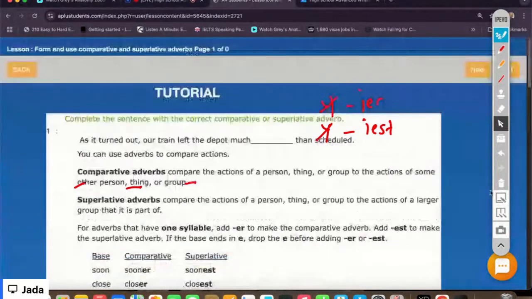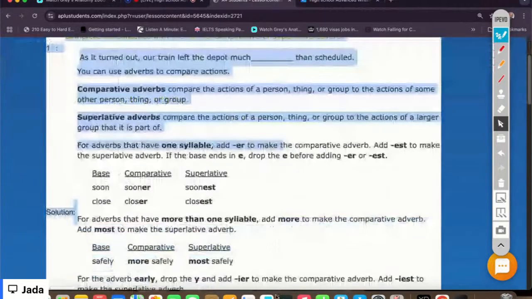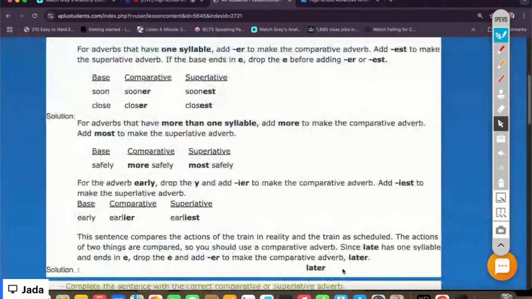All right, let's look at some examples. Complete the sentence with the correct comparative or superlative adverb. As it turned out, our train left the depot much dash than scheduled. So what will that be? Much later than scheduled. Okay.